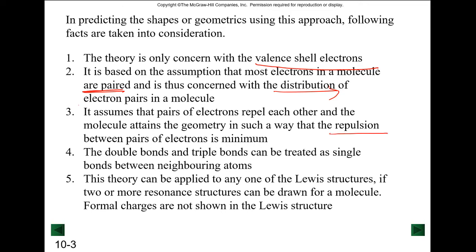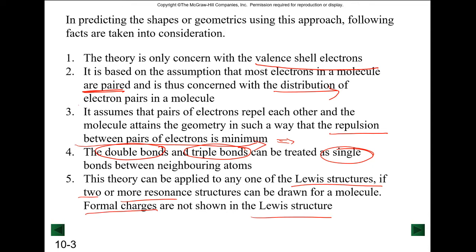So there is repulsion between the pairs of electrons, and that repulsion has to be minimized for the molecule to be stable. Note that, using this phenomenon, the double bond and the triple bond are considered in the same way as the single bond. The theory will apply to the Lewis structures if two or more resonance structures can be drawn for the molecule. Then formal charges are not shown on the Lewis structure.